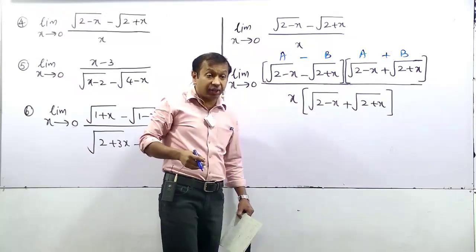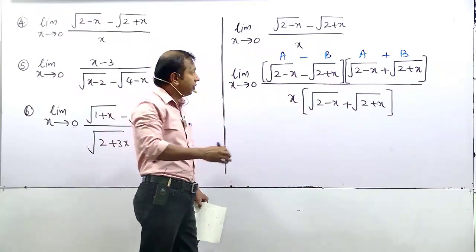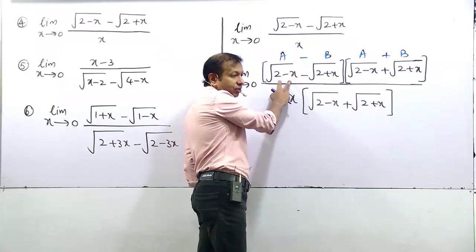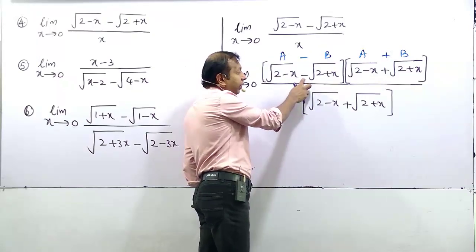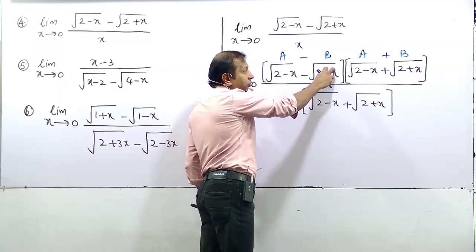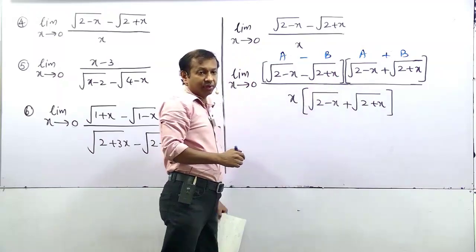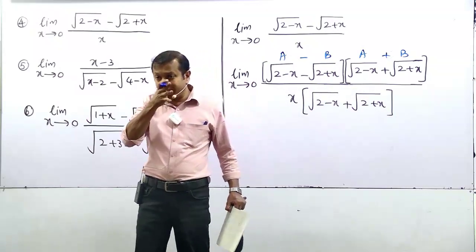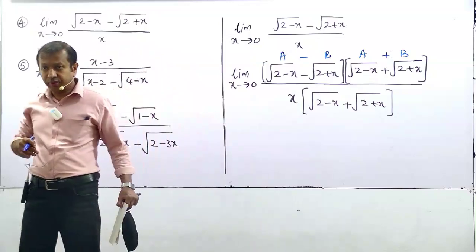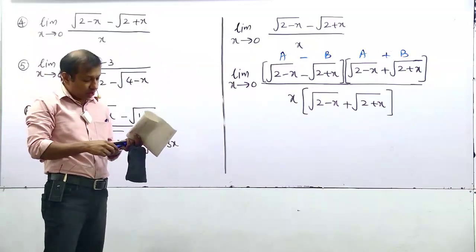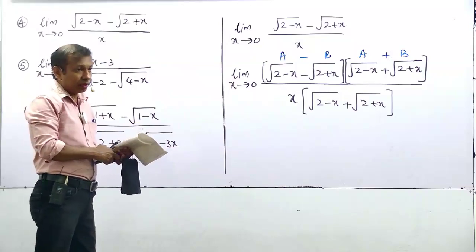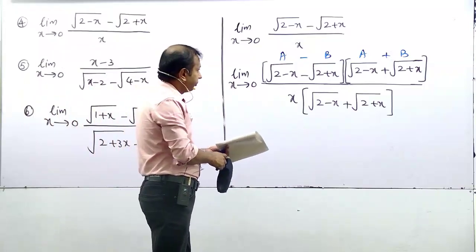It is A squared minus B squared. A squared means the square of this, the root will eliminate, 2 minus x. Minus B squared means the root will eliminate, 2 plus x. Understand? There we form what? Factors of the difference of two squares. To form that only we multiply by the conjugate. Right now? Yes.